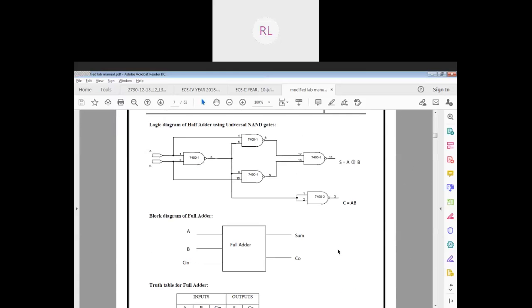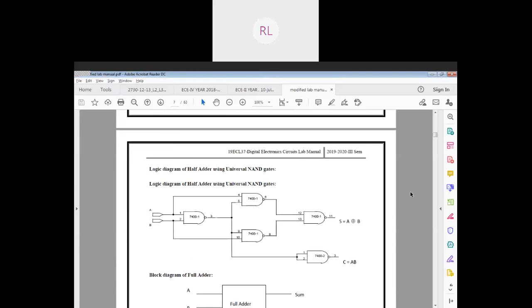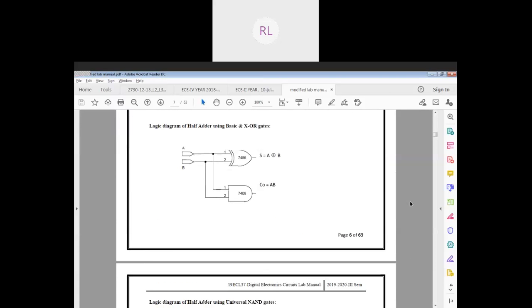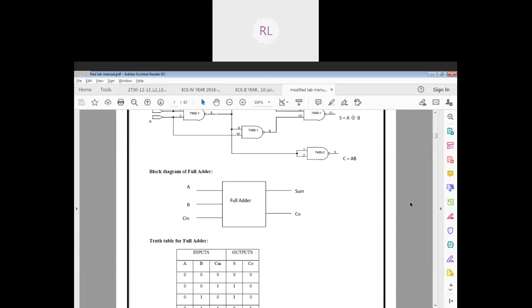So implement a normal logical diagram here, and once there is a normal logical diagram you can use the bubble method. In that way you can actually convert your basic gates to universal gates. So all these are implemented using your NAND gates.